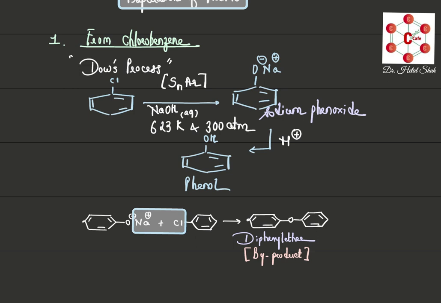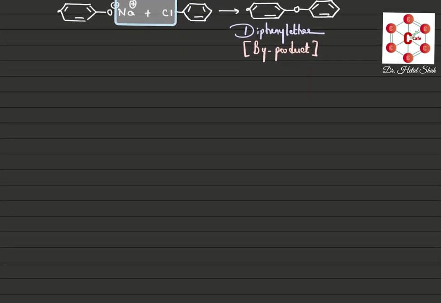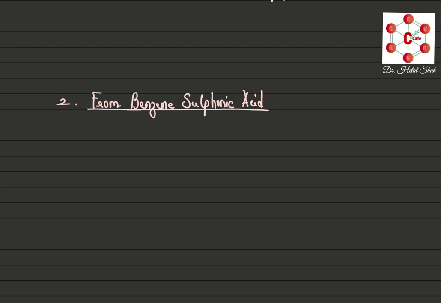The next process goes from benzene to benzene sulfonic acid. Again, a process which is so important. Here, we start with benzene.